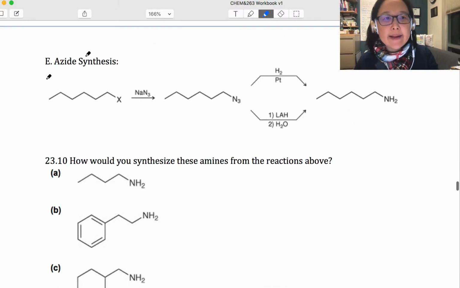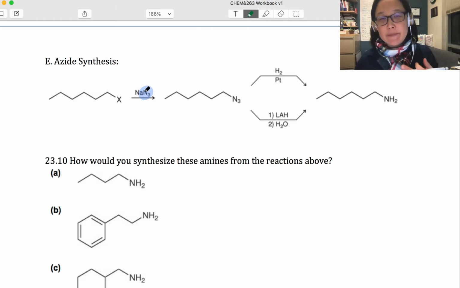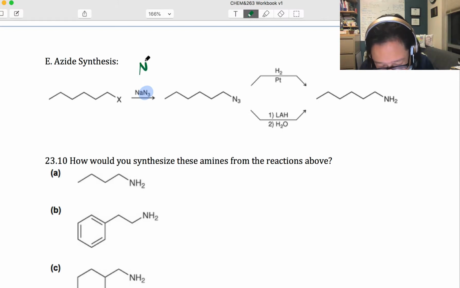Okay, here, azide synthesis. Azide is N3 with a minus 1 charge. And azide is actually what's in airbags. Azide can break down into nitrogen gas, and that's the gas that inflates the airbags. So azide, you can just think of it like cyanide in terms of it being some kind of anion that attacks here and then displaces here.